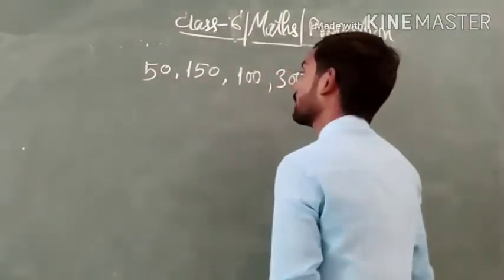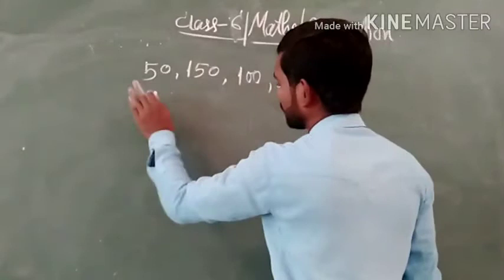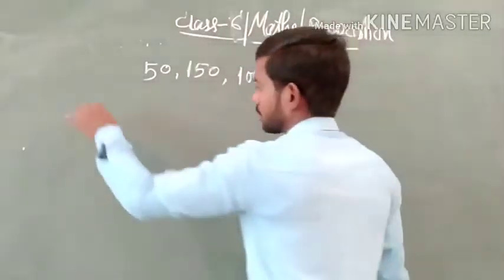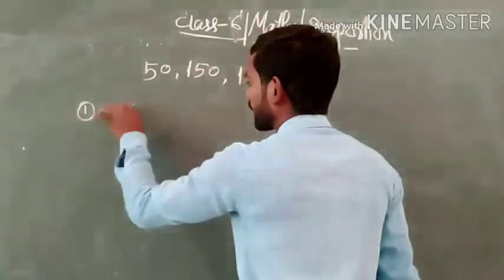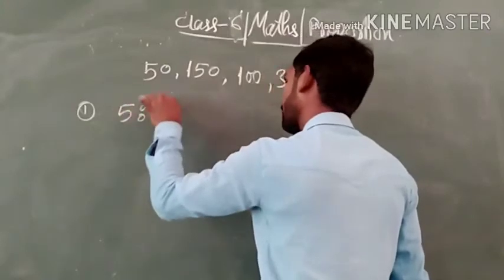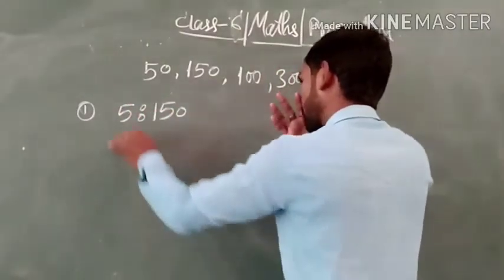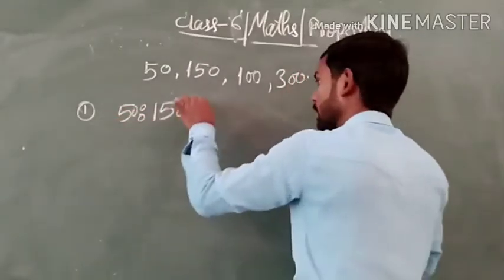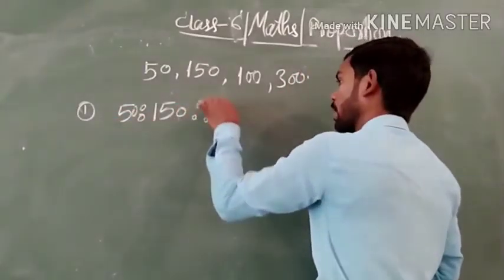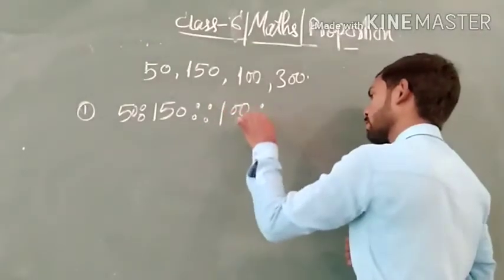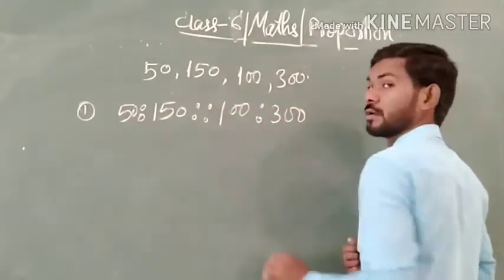So first we write the question as it is given. In the first case we shall write 5 ratio 150 is proportional to 100 ratio 300.